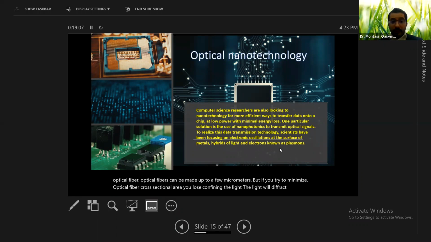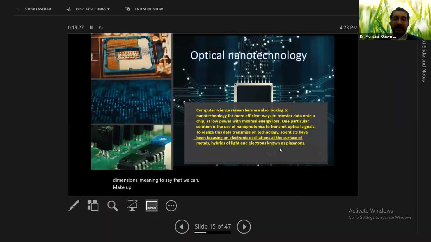The light will diffract and leave the structure. However, nanotechnology was able, thanks to graphene and plasmonic nanotechnology, to squeeze light even to nano cross-sectional dimensions, meaning that we can make the light and the signal, that is laser, confined and controlled within a nano dimension.